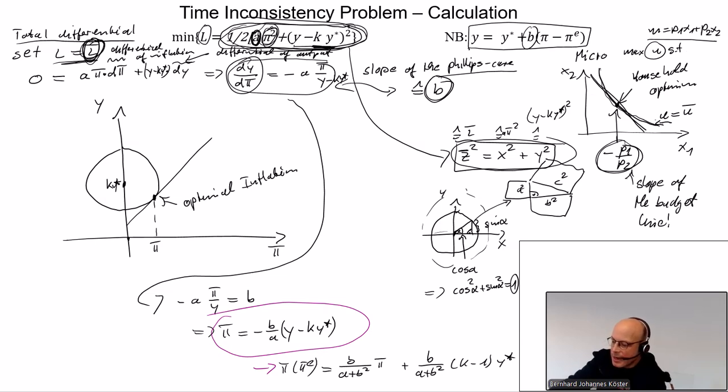For this we talked about how this function looks: it is more or less just the sum of the squares of our two variables.